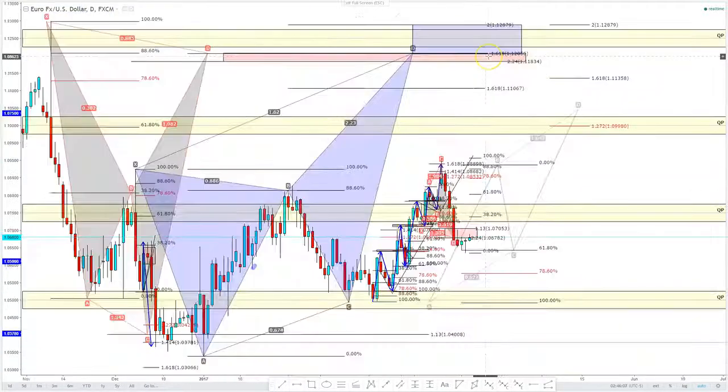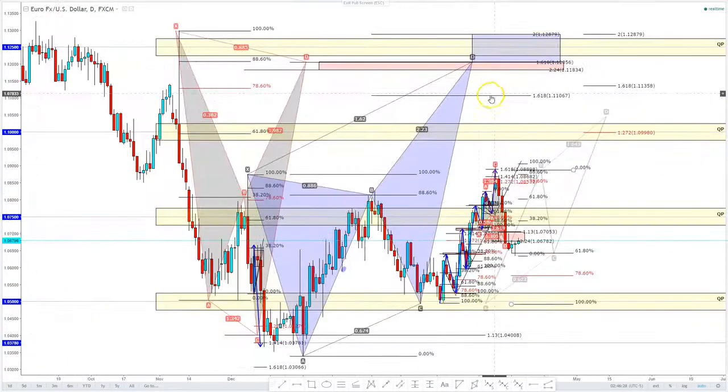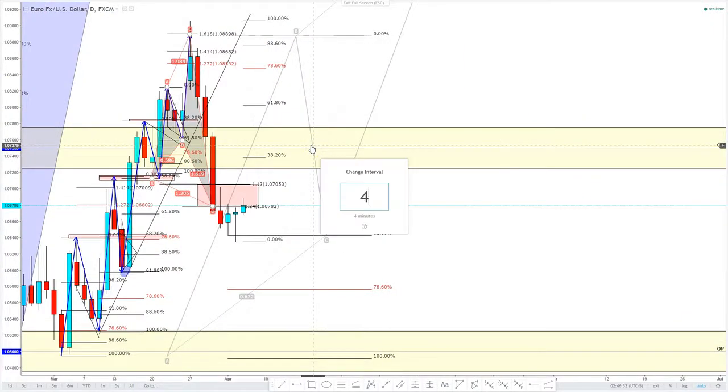So an ideal entry, if price did spike up to this area and eventually hit it, would be 112.056. The thing is, the quarter point's right there, so I know they're going to want to reach up there, at least tap that area and then drop. But that's only if this high breaks. There's so much stuff on my chart. Let me go to the 4-hour chart.